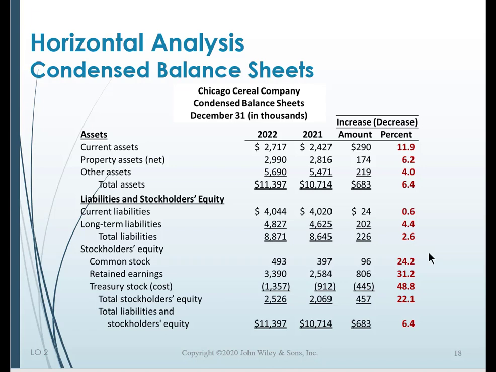So some of the biggest changes, though, were in the equity accounts. If you notice, we issued some stock. Stock increased by 24%. Retained earnings, we've been profitable. It's increased 31%. Treasury stock, right? So this is a cost, right? It actually went from 912, it went to 1357.